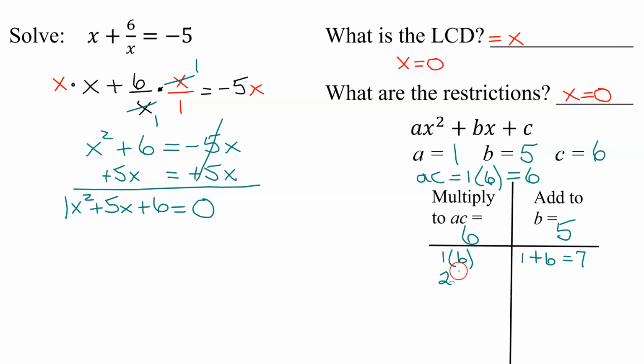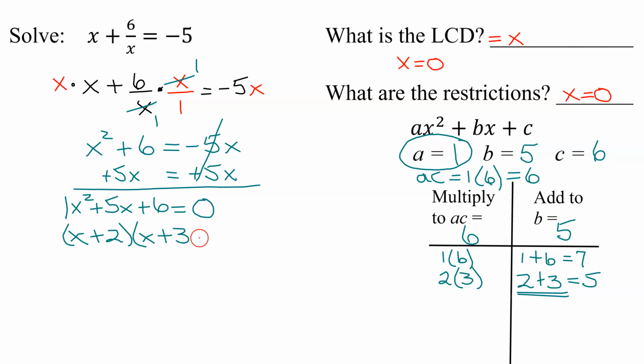Does 2 divide into 6? Yes, 3 times. 2 times 3 is 6. And 2 plus 3 is the number I want, 5. So that's what I want. Now, since A was equal to 1, these are my factors. So I'm going to factor it into x plus 2 times x plus 3 equals 0.